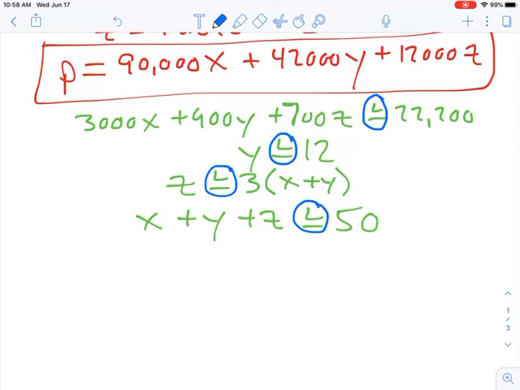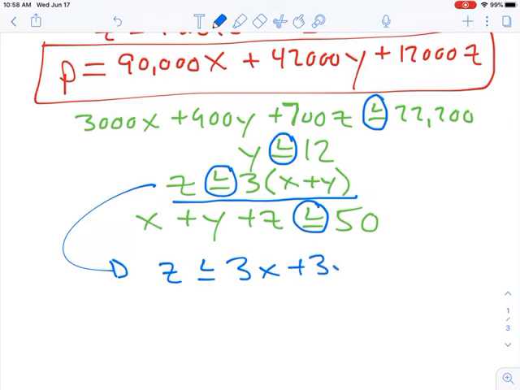Of course, we're going to have to rearrange this a little bit. What we're going to have to do is say, well, Z is less than or equal to 3x plus 3y, or negative 3x minus 3y plus Z is less than or equal to 0. That's the way we would want to write that.